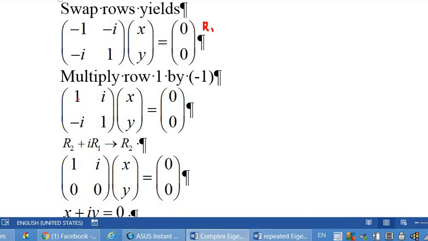This means you multiply your row 1 by i. I multiplied by i will be negative 1. Then you have here negative i, this is 1. Then we add up these two equations and put into row 2. So i minus i, you have 0. Negative 1 plus 1, you have 0.